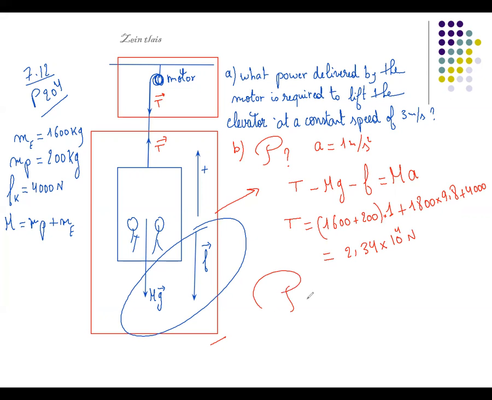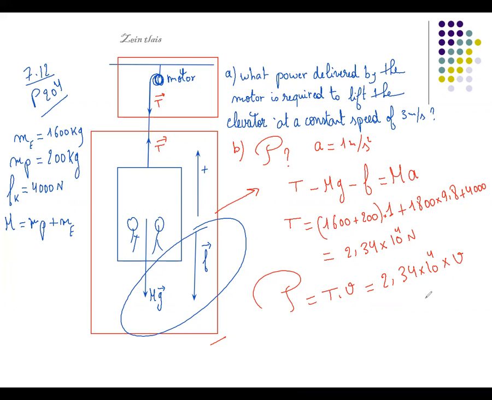So P equals T times v. Here we have a general case. P equals 2.34 times 10 power 4 times v.